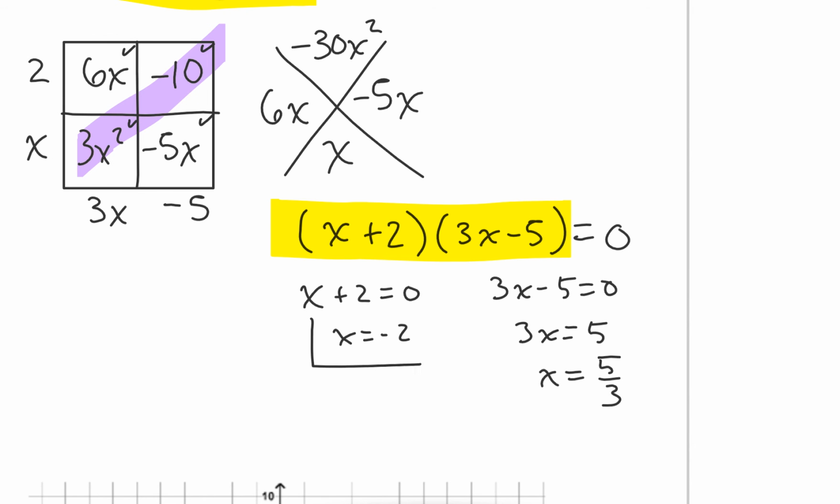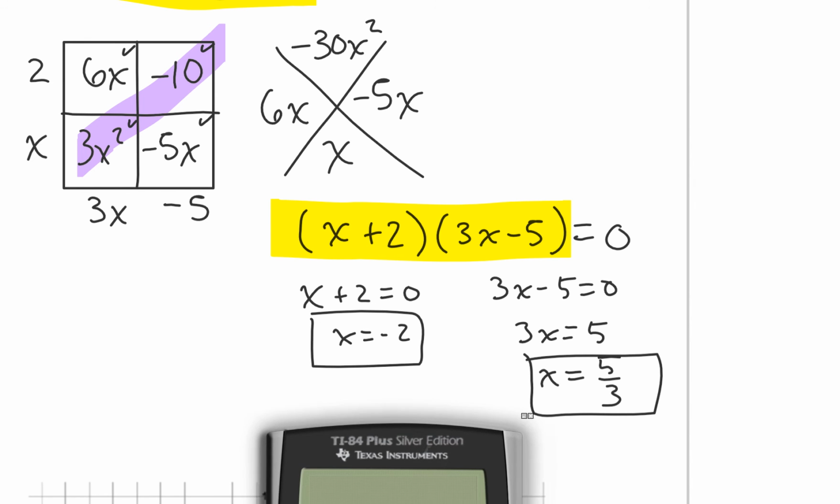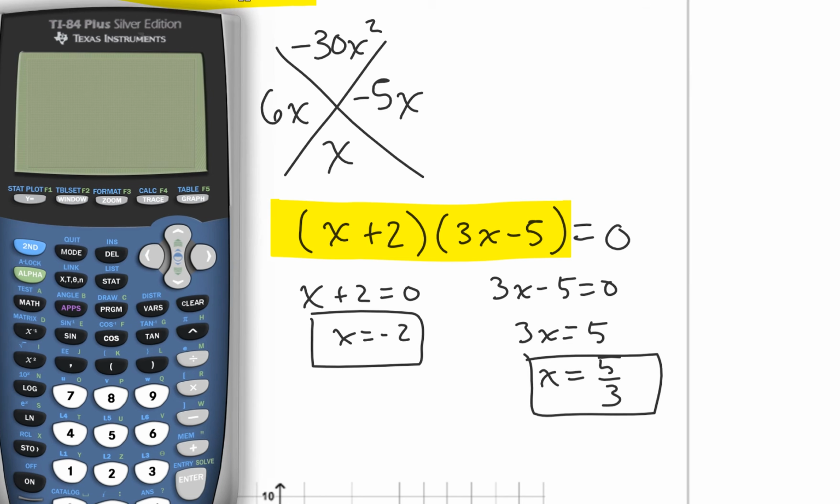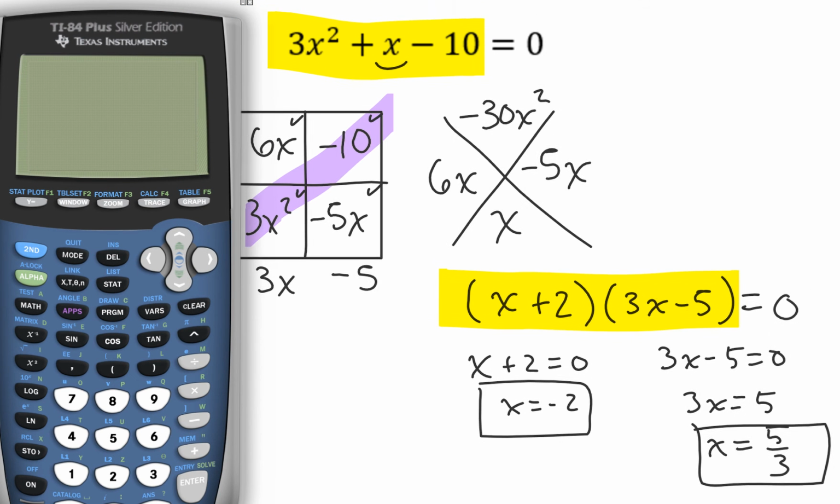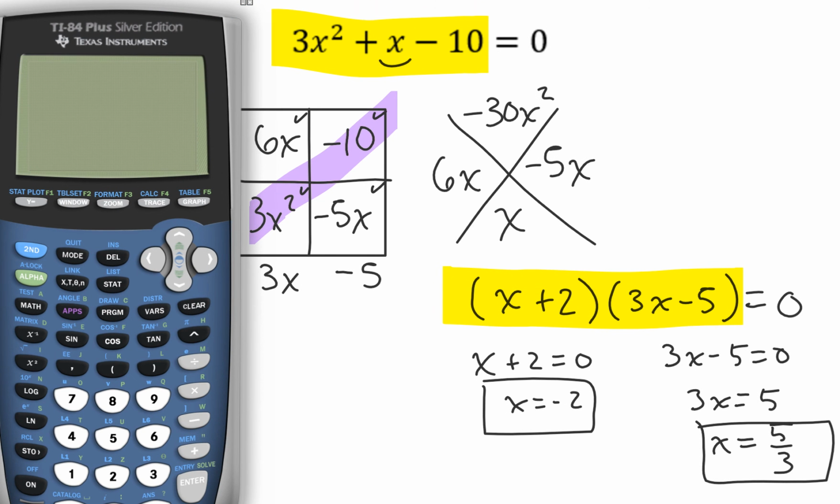So my two answers are x is negative 2 and x is 5/3. And again, I'm going to go ahead and verify that with the calculator. So I'm going to turn this on, clear the last equation for my y equals, and I just want to write 3x to the second power plus an x and then minus a 10.